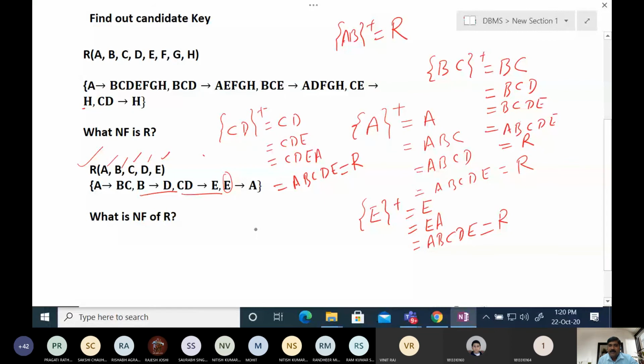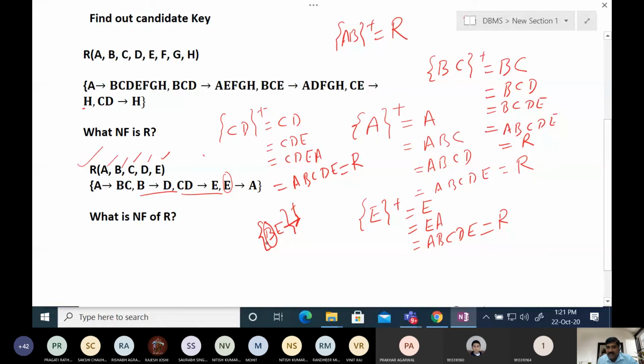Okay. Now tell me. Sir, BE, CE, DE. What? BE will be a candidate key? B is not a candidate key, beta. Why? Because B is extraneous. E alone determines all the attributes of R. So B is not a candidate key.